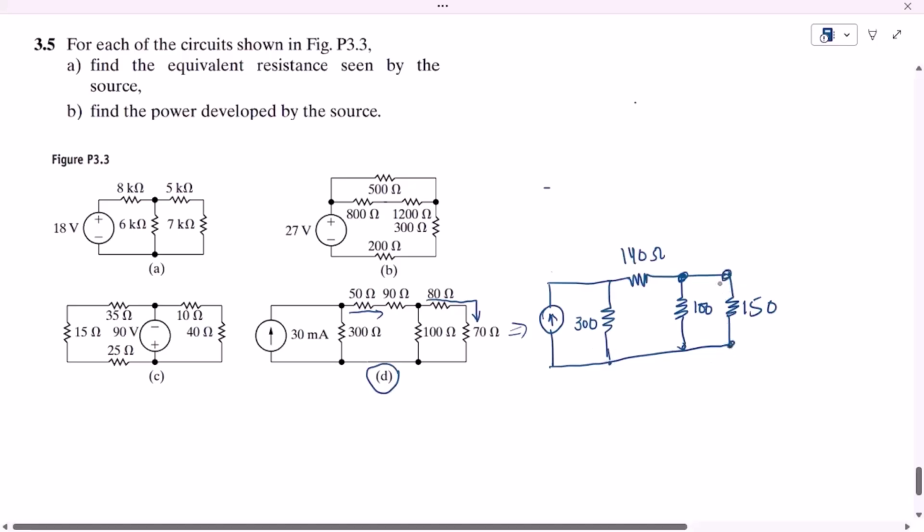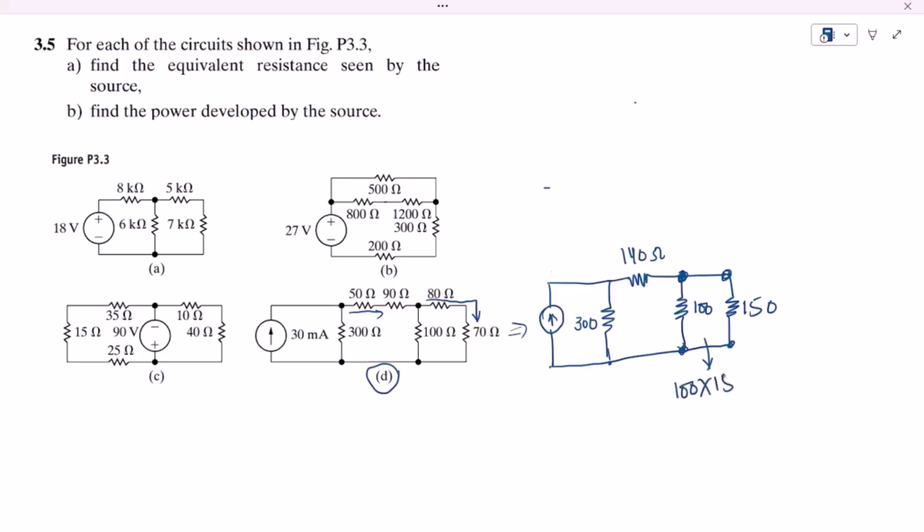Here both ends of this 150 ohm resistor are connected to both ends of this 100 ohm resistor. So according to the condition, these two resistors are in parallel with each other, and in order to find the equivalent of both of them, we have to do 100 multiplied by 150 divided by 100 plus 150, because the R equivalent of parallel resistors is R1 multiplied by R2 divided by R1 plus R2.